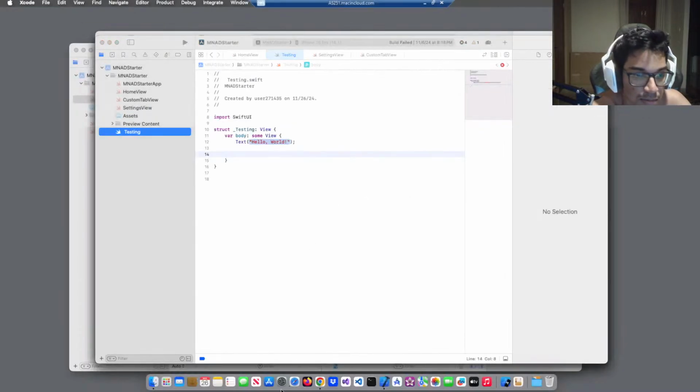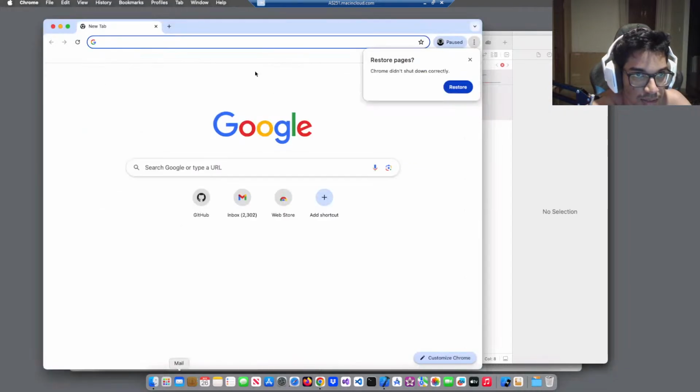This shit is lagging like balls, bro. I swear to God, look at this lag.